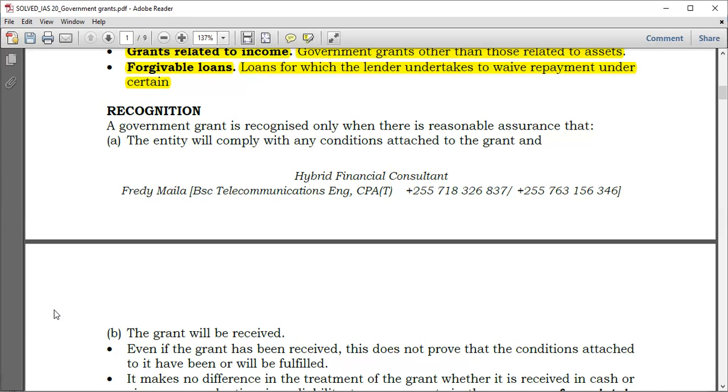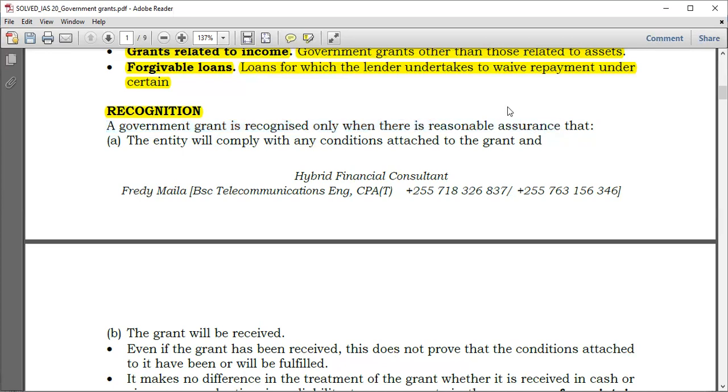Yeah. All right. Now, let's go to recognition. When dealing with government grants, you have to show them in the books. So, when are you entitled to reflect the government grant in your books? That's where we are. So, here we say a government grant is recognized only when there is reasonable assurance.